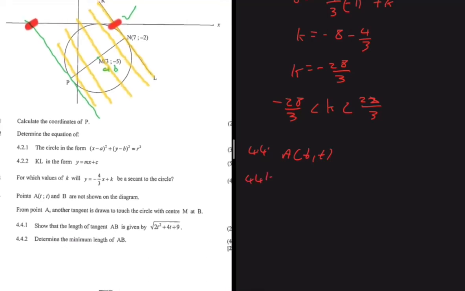We are told that from point A, another tangent is drawn to touch the circle with center M at B. And then 4.4.1 is saying, let's show that the length of the tangent AB is equal to the square root of 2t squared plus 4t plus 9.